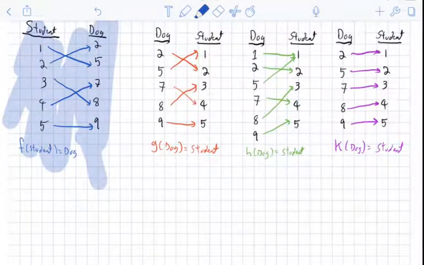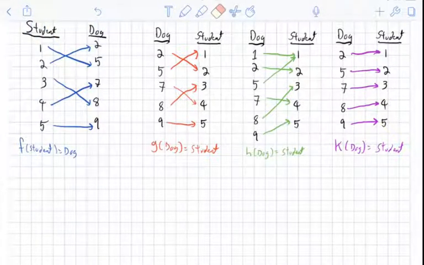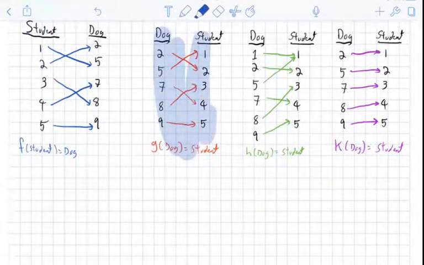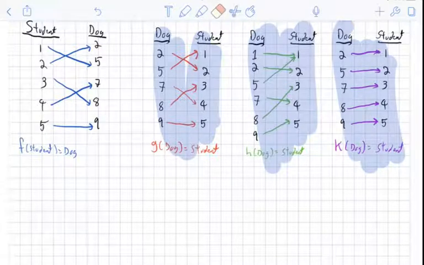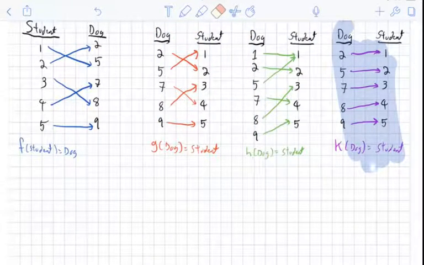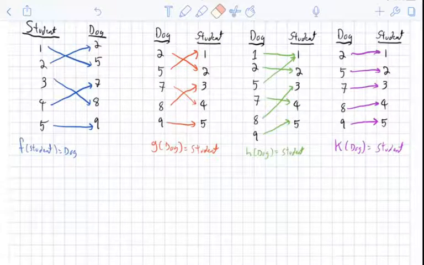Fine. These other three, you start with a dog number and you get a student number, which is fine. They're three different functions. All of them are functions. I've checked. They all satisfy that property. In fact, they're all, well, no, this one's not. This one isn't one-to-one, so that's weird. But, you know, they're all candidates.